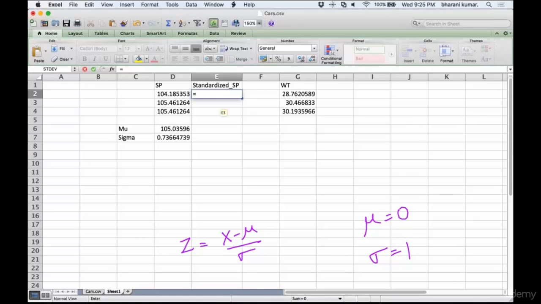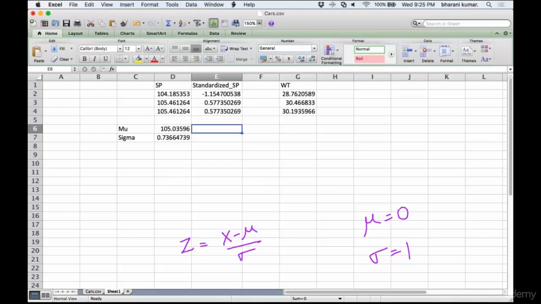X minus mu over sigma, this one. So it is X minus mu divided by sigma. I got a value. On similar lines, the formula is X minus mu divided by sigma. I repeat, it is X minus mu divided by sigma.